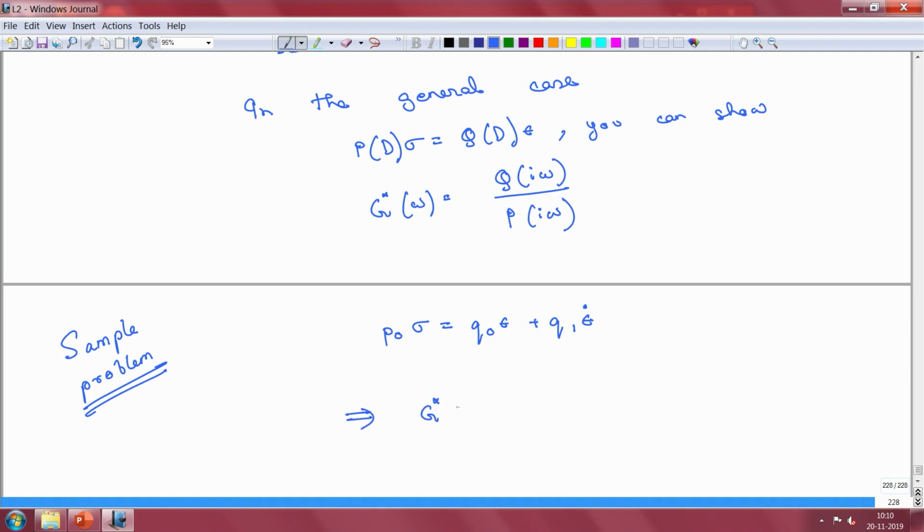Your complex modulus now becomes this particular form. Here I only have to replace the derivative operator by I omega, right. So, I will have Q naught plus Q 1 I omega, and on the left hand side I only had P naught, there is no derivative term here. So, P naught, and this is your answer.